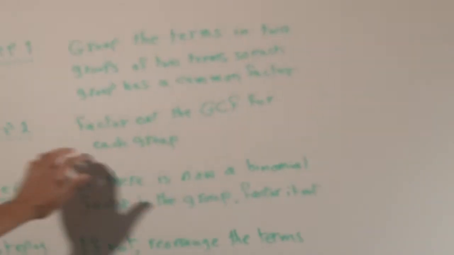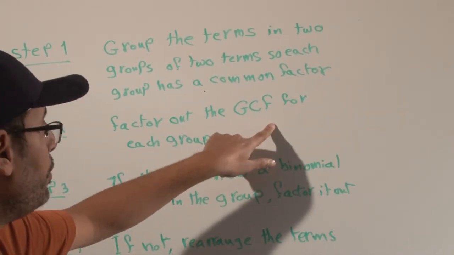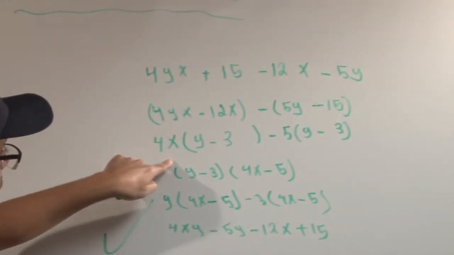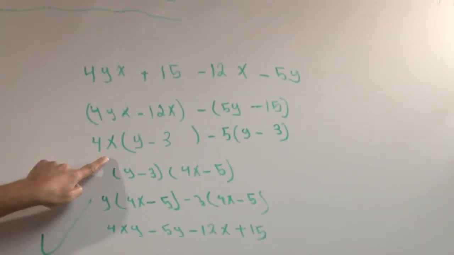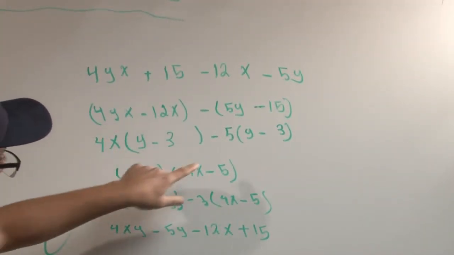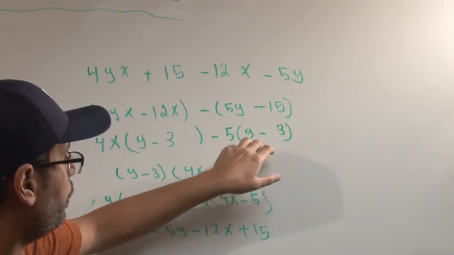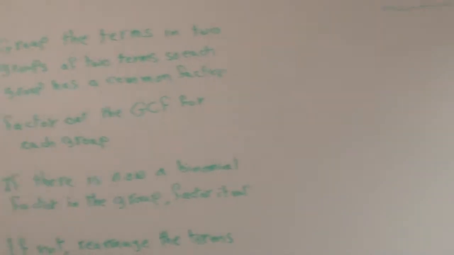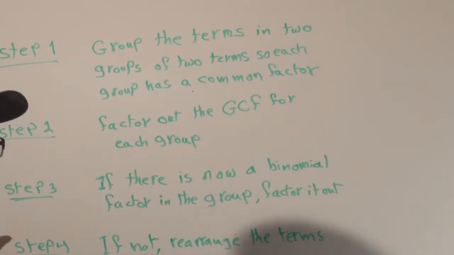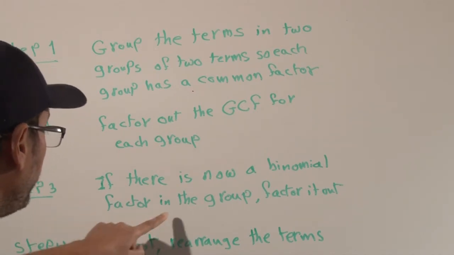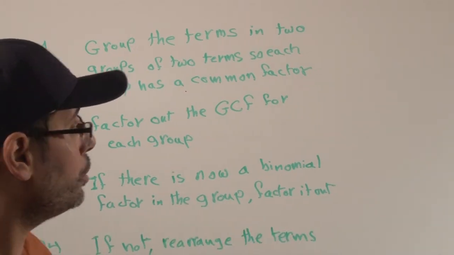Step 2, factor out the greatest common factor for each group. I got 4x here as greatest common factor for that group, and 5 as the greatest common factor for this one. And then, step 3, if there is now a binomial factor in the group, factor it out.